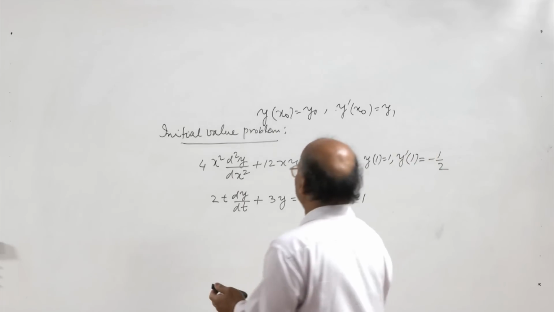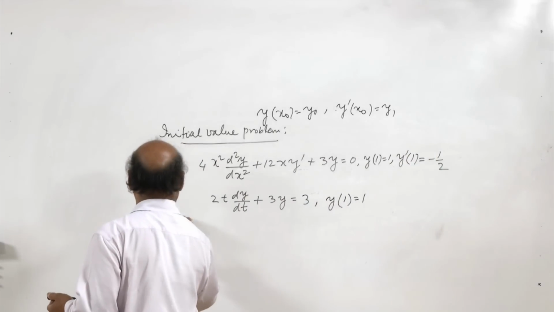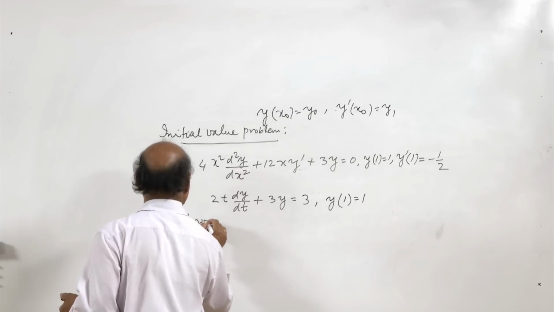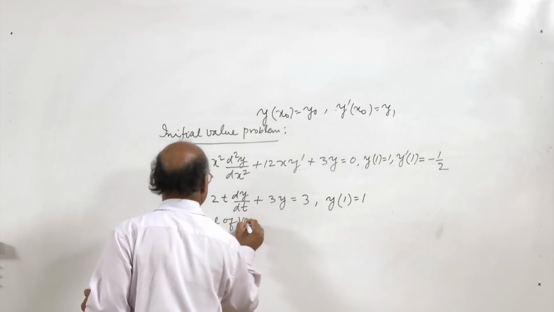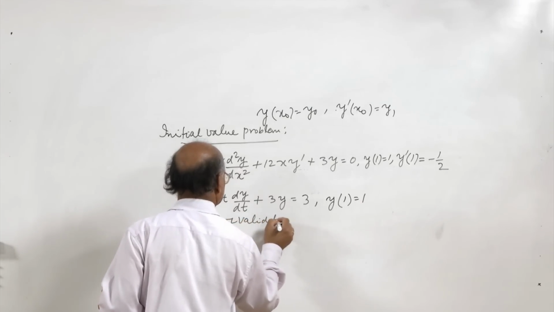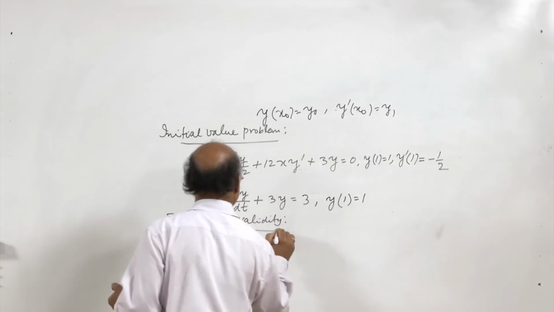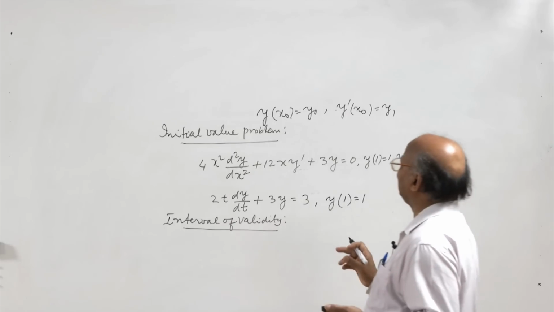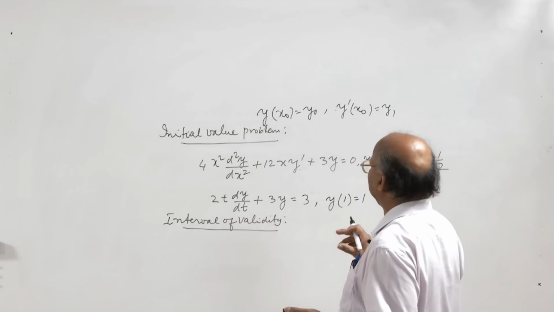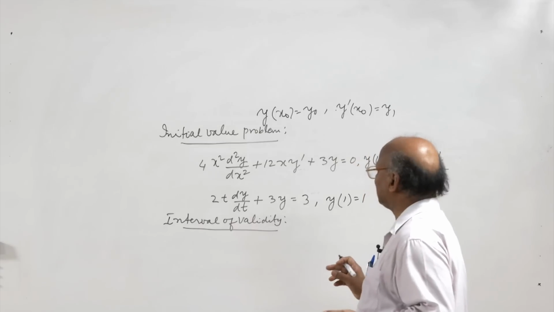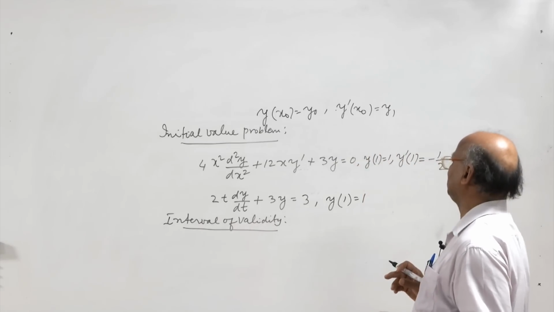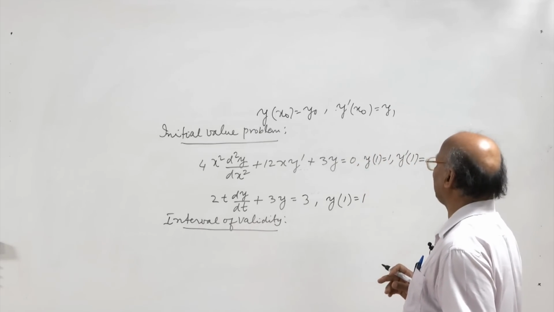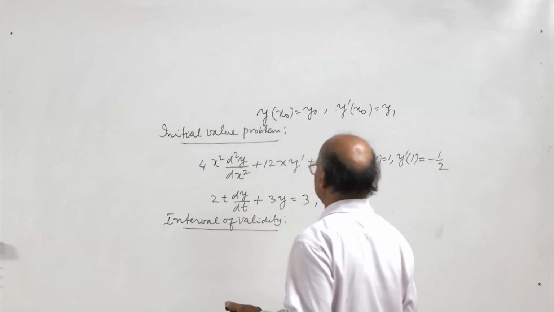Now, interval of validity. The solution will be valid in a certain interval. In the case of an initial value problem, the interval in which the solution is valid is called the interval of validity of the initial value problem.